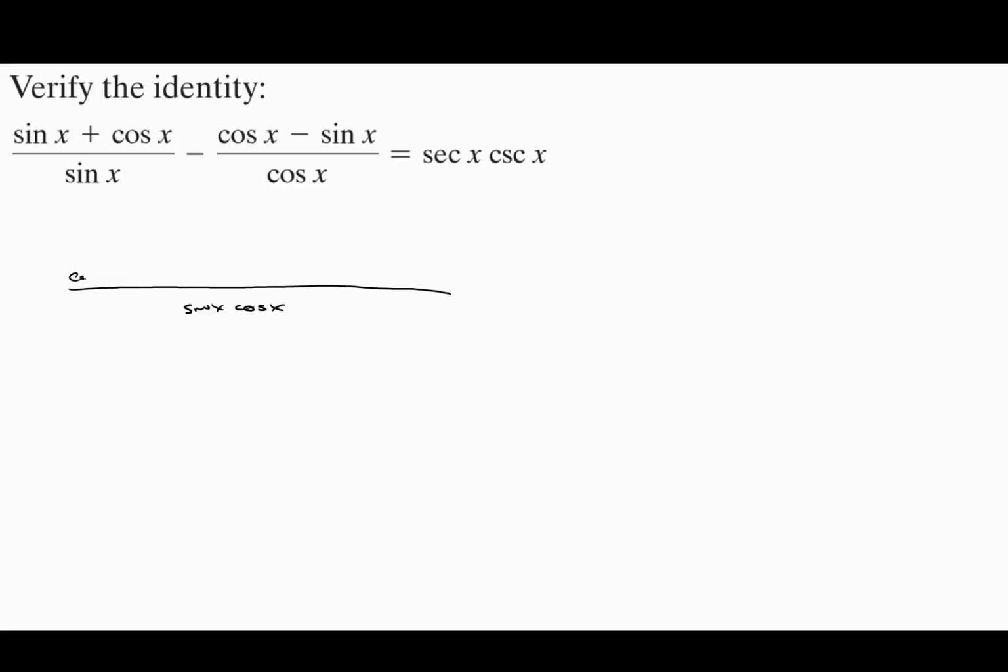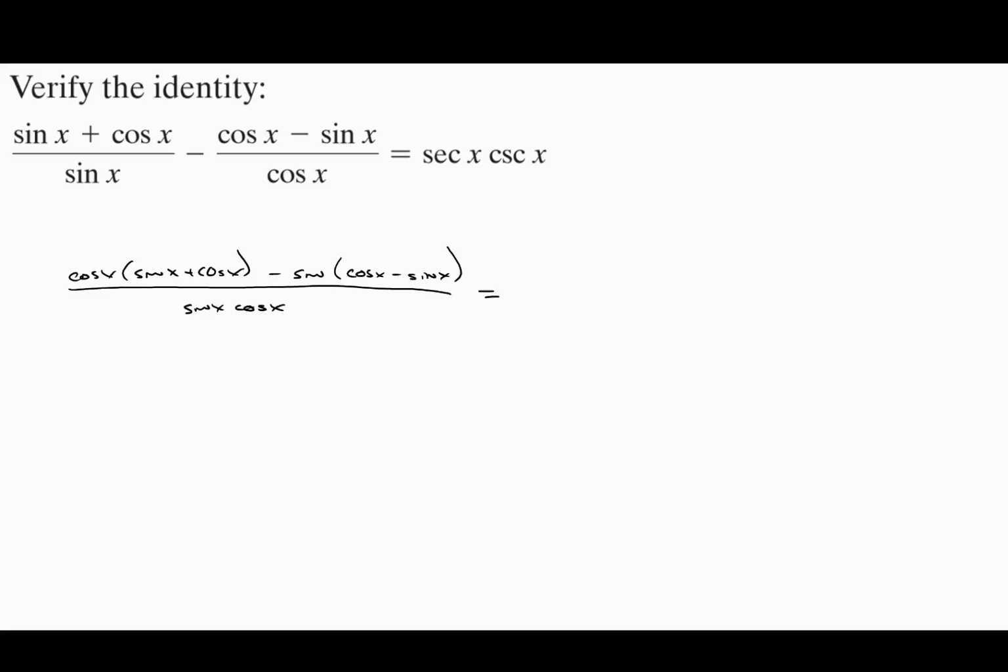That makes this cosine times the sine plus the cosine, minus the sine times the cosine minus the sine. Now I don't really see much to do in the bottom here, so let's just distribute everything in the top and see what happens.